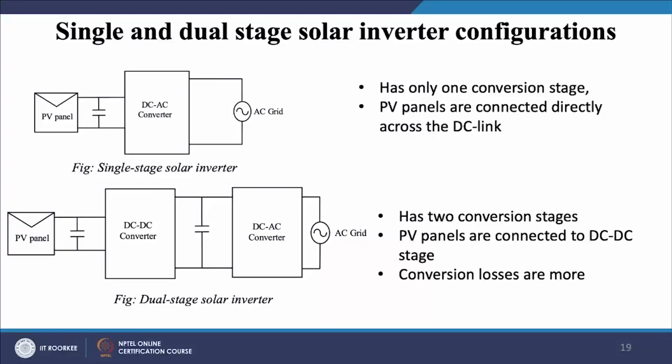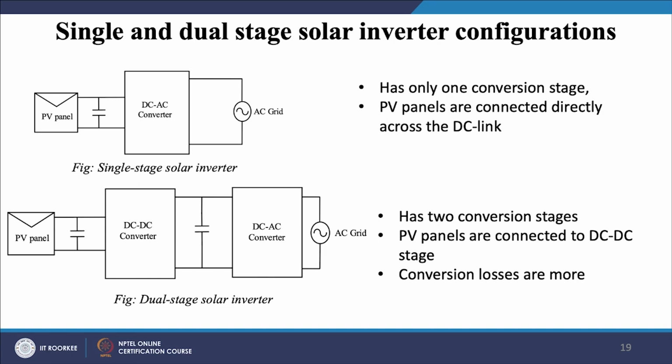Now, we will see what kind of control loops are programmed in the Opal RT to control the inverter. We all know that a solar inverter commonly works with two configurations. One is single stage conversion, while the other is dual stage conversion.